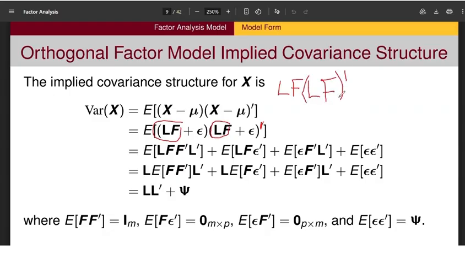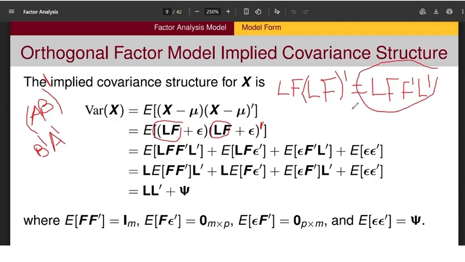If I do the transpose of a product, it's going to give me F transpose, L transpose. Because from the mathematical rule of algebra, the transpose of the product of A, B is B transpose A transpose. So this guy here is what you have here.